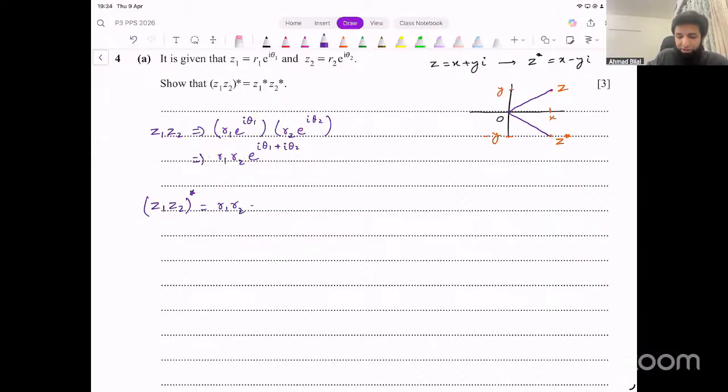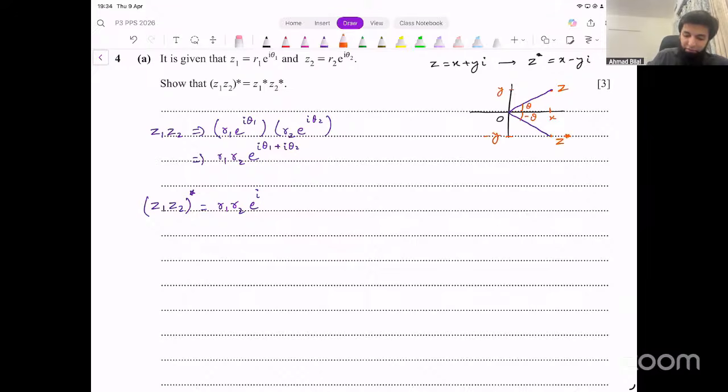That is not going to change. Now, what about the argument? Whatever was the argument for the original complex number, conjugate is basically a reflection of that in the x-axis, in the real axis. That will become negative, so now that is negative theta. So the argument basically just becomes negative.